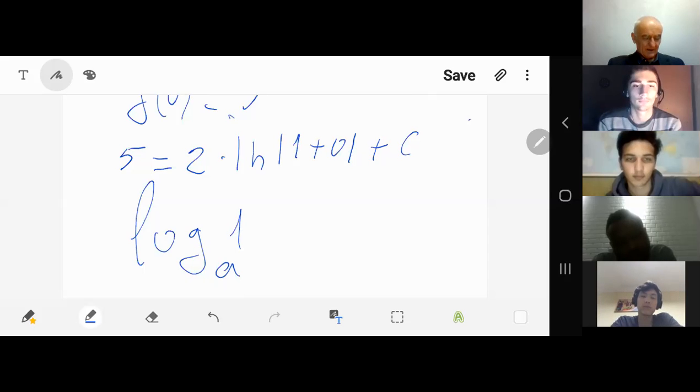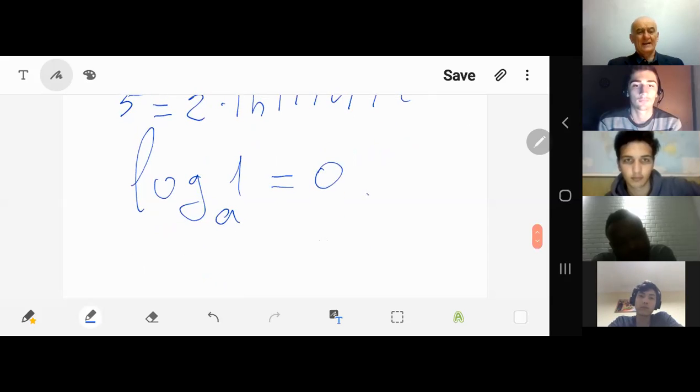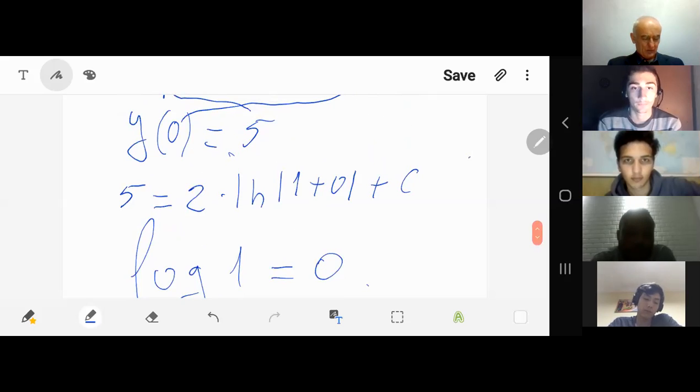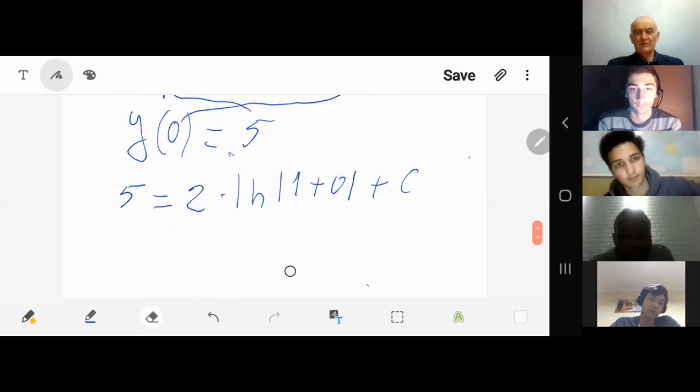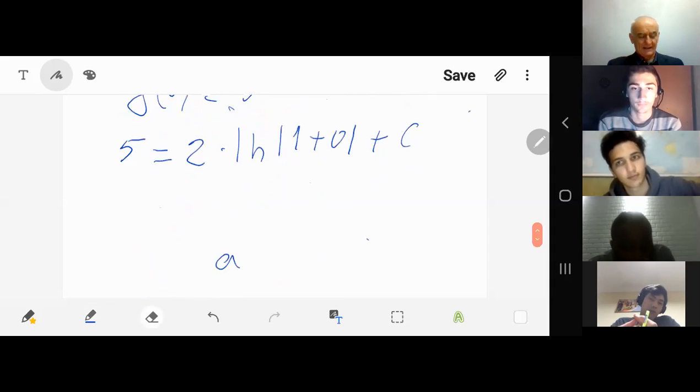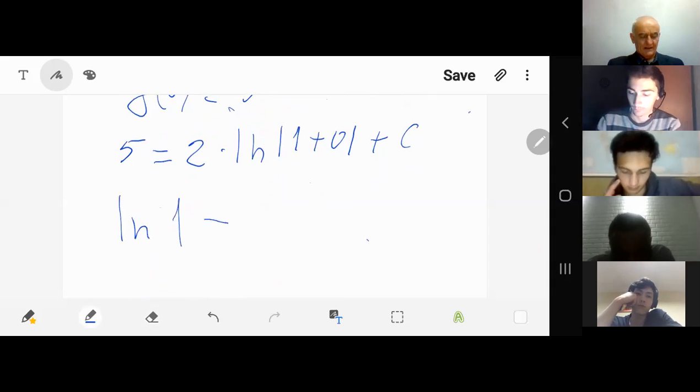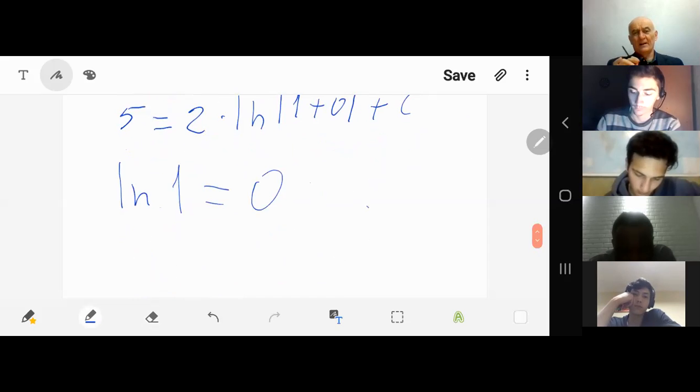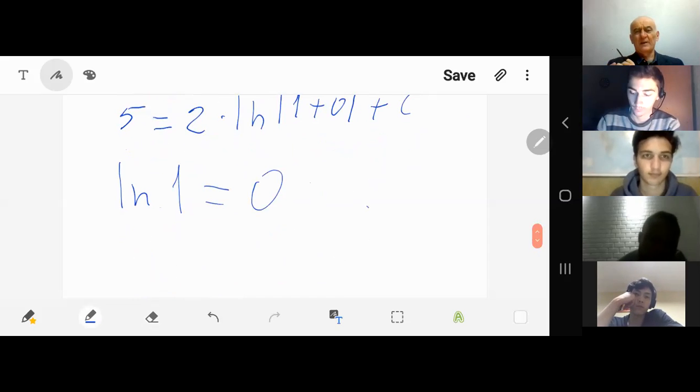Because every real number to the power 0 is 1. So remember very well that ln 1 is always 0, and not only ln, but the logarithm with the base of any number. The logarithm of 1 is always 0.